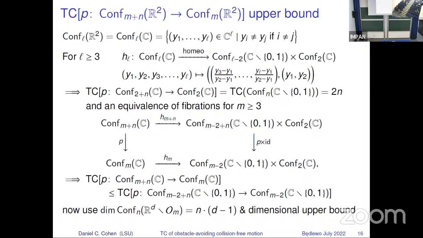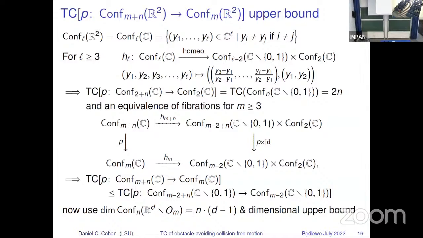You can make a nice map that takes a configuration of L distinct points and produces a configuration on the one hand of 2 distinct points and then L minus 2 distinct points that are also distinct from 0 and 1 by this nice formula. This is a homeomorphism. It plays nicely with these forgetful maps that show up in fibrations.